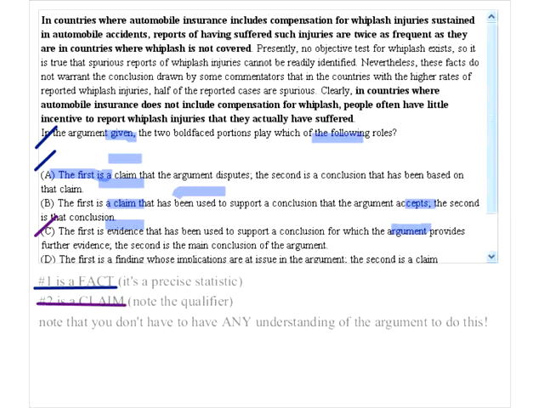Any questions here? All right, let's try another one. See how you do.